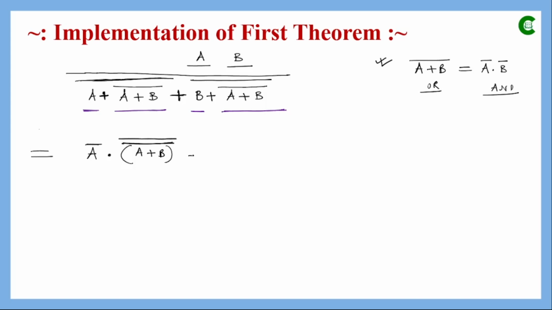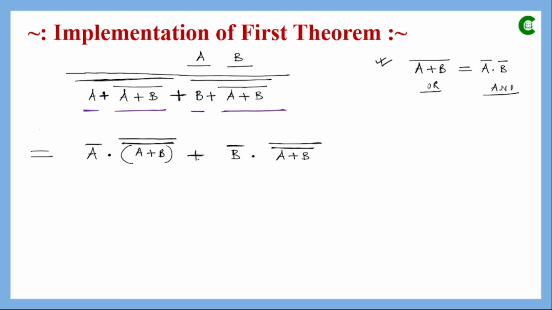Then we have an OR operation in between, and we implement the theorem here also. Here B is our first Boolean variable, so it will be B bar, then the AND operation, and then the complement of the second Boolean variable. (A plus B) bar is our second Boolean variable, the output of that operation, so we write (A plus B) bar and then a bar on that as per the theorem.